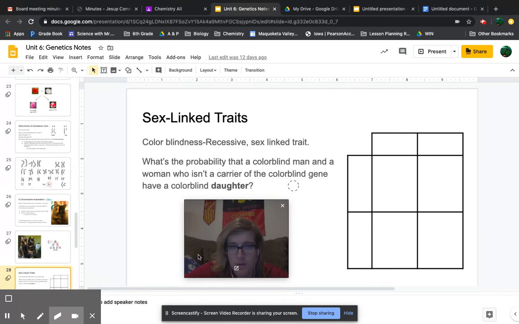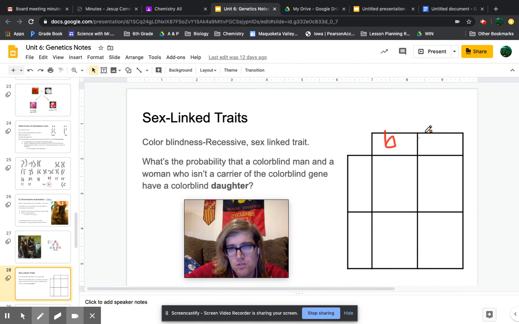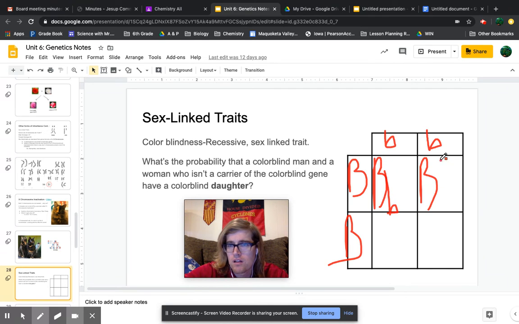Now, what if we hadn't used these X's and Y's? All right, what if we said, well, dad is colorblind, so he has to have 2 little b's. And mom is not colorblind, so she's 2 big B's. Okay, so when we filled in our Punnett square, what's the probability that a daughter is going to be colorblind?